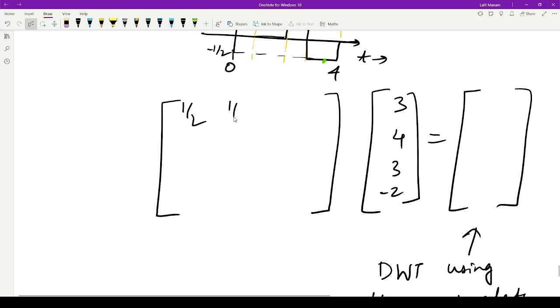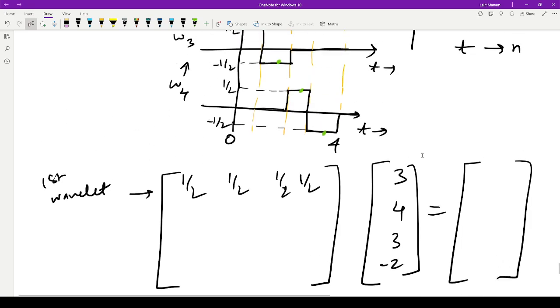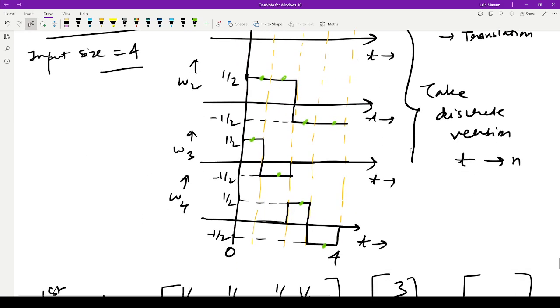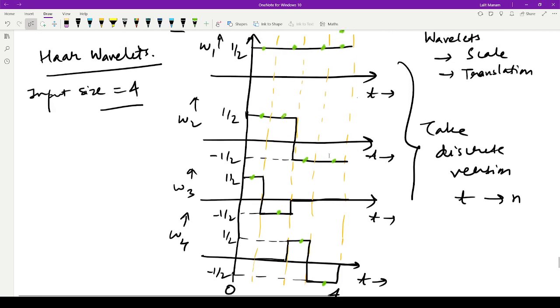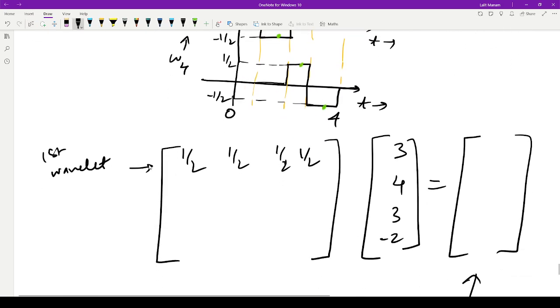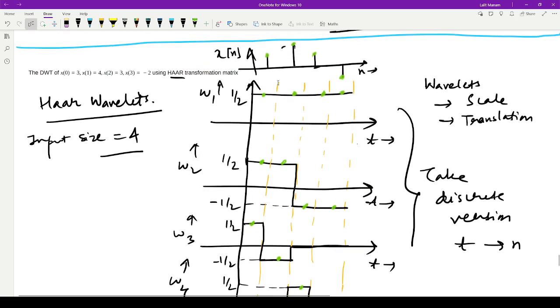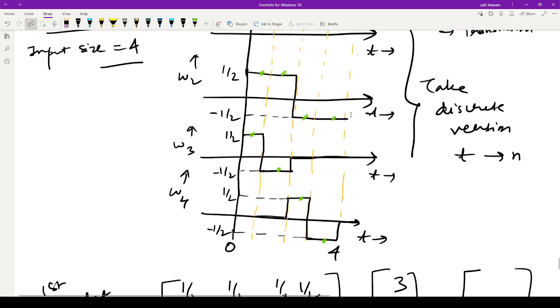This is your first wavelet. All of these are halves. The next wavelet, how will you represent it? First two are half, the rest two are minus half. Yes, is it fine?